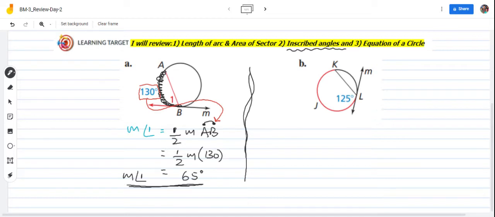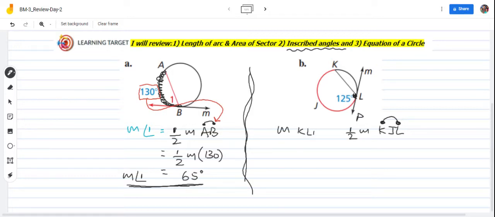The second question appears almost the same as the previous one, but it is slightly different. Measure of KL, KJL, I mean, please remember one half of the measure of the arc KJL. So, one half of the measure of arc equals the angle. So, what is the name of this angle? Let's say that KLP.